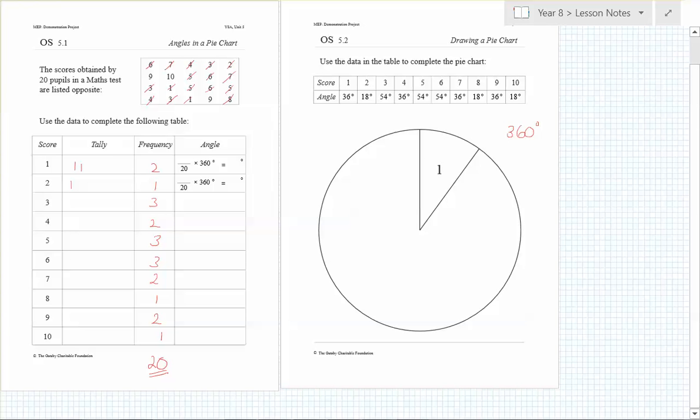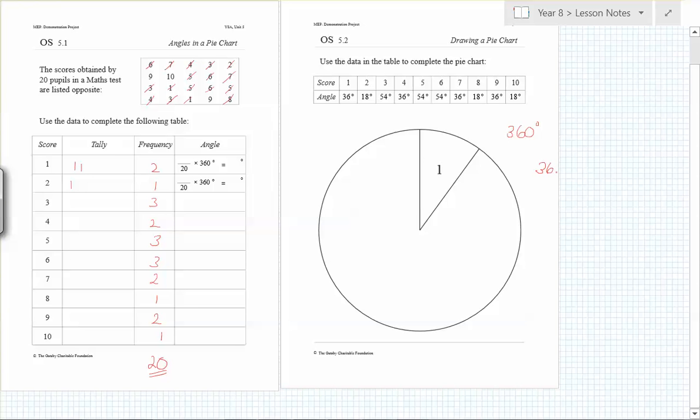So there's lots of ways that you can do this. Alright? One way is to figure out, well, if there are 20 people in 360 degrees, how many degrees does one person get? How do we work that out? You do 360 divided by 20.